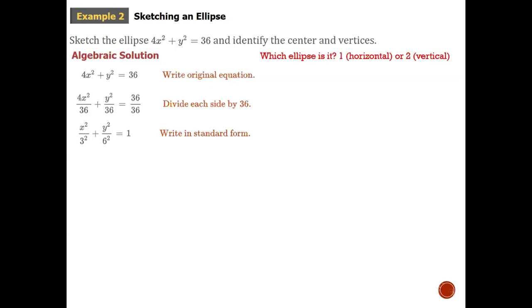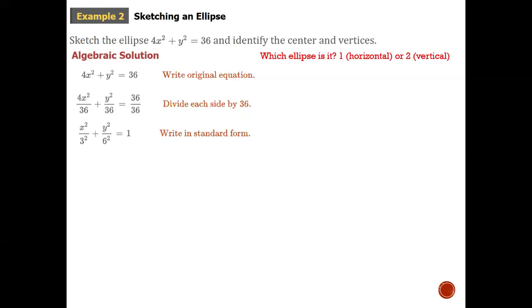So here, what we need to find out is which type of ellipse it is. Is it horizontal or vertical? What is going to determine which one it is? Remember, the major axis vertices have the larger number, right? The further the vertices are from the center, that's what makes it the major axis. If I look at this problem here, 3 squared is 9 and 6 squared is 36.